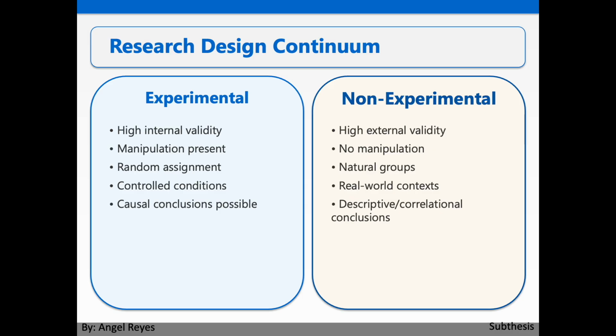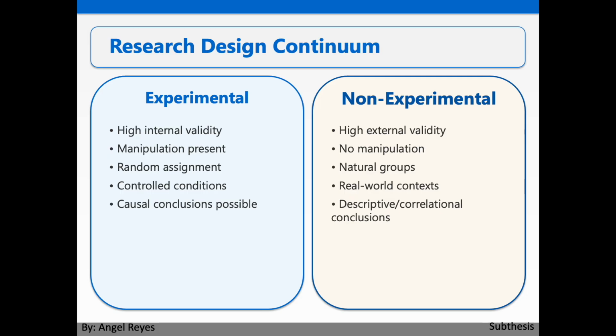This isn't to say that experimental research has no external validity, or that non-experimental research has no internal validity. Rather, it's about emphasis and trade-offs. Experimental research prioritizes internal validity, the confidence that our independent variable really caused changes in our dependent variable.